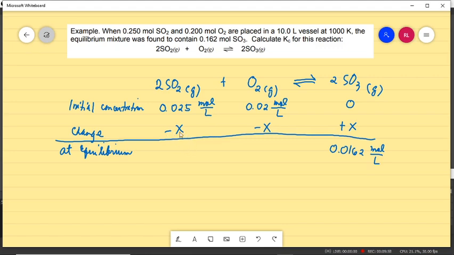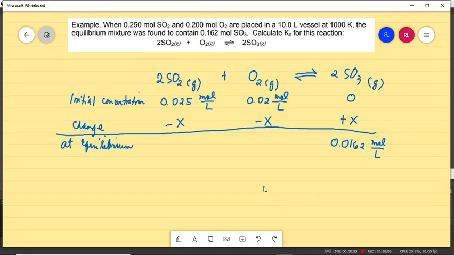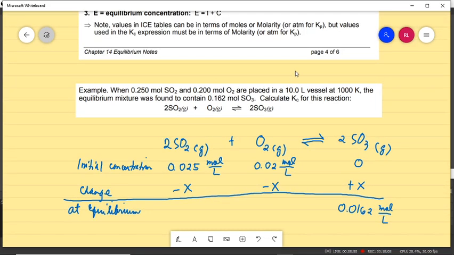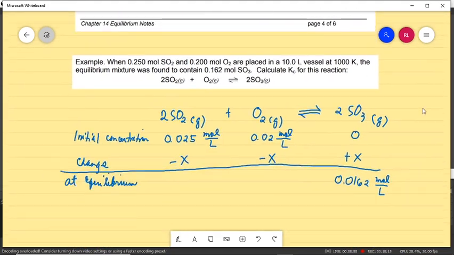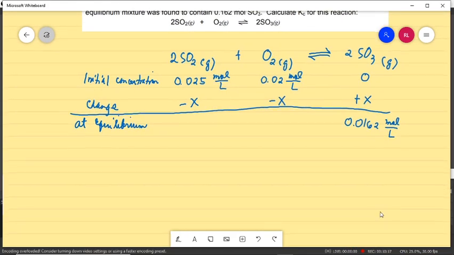So we have to solve for x first. And as stated earlier, we have to use the stoichiometric ratios of the species.